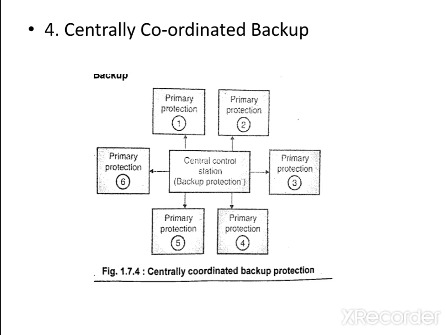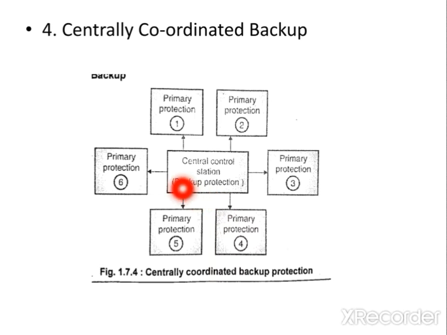The fourth method is centrally coordinated backup. The central control station is connected to every element which is connected with the primary protection. This station gathers all the information of the primary protected elements. It will continuously monitor the load flow of each section.